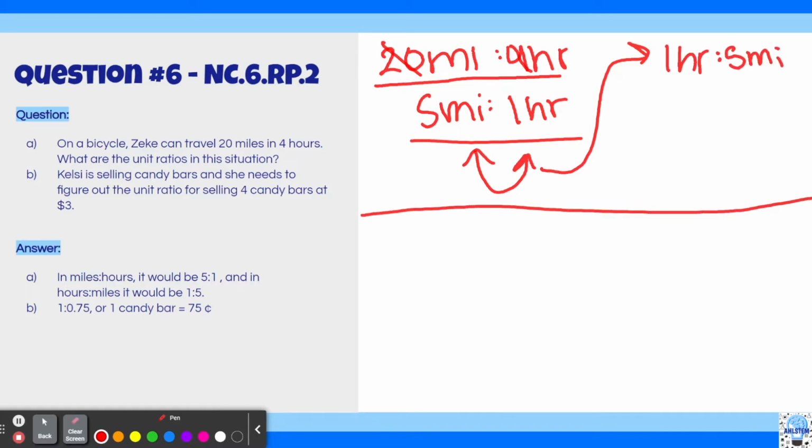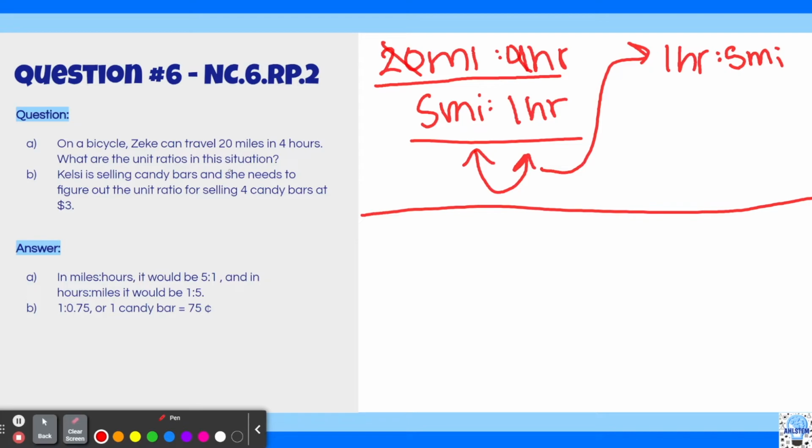So now let's do the second problem. Kelsey needs to find the unit ratio for selling 4 candy bars at $3. Whenever people want unit ratios for purchasing something, they don't want to know how much $1 can get them. They want to know how much they need to pay to buy one of those things.